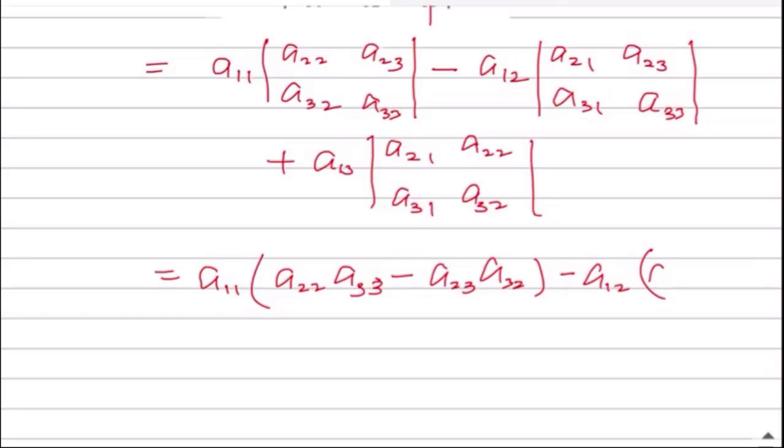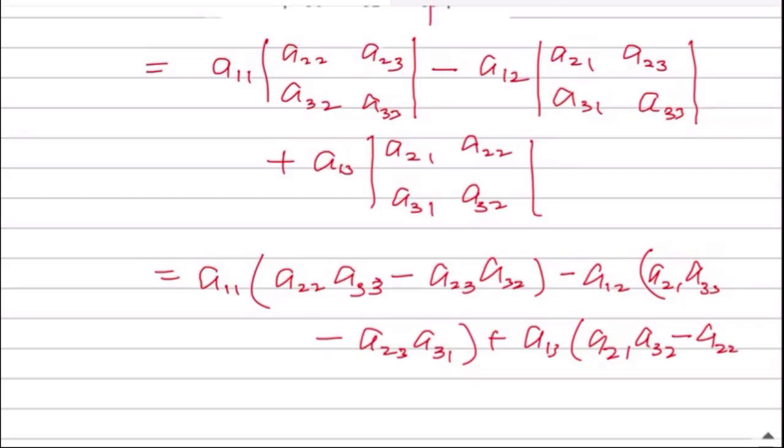So we get A21 into A33 minus A23 into A31, plus A13 into A21 into A32 minus A22 into A31. So this is the determinant of matrix A.